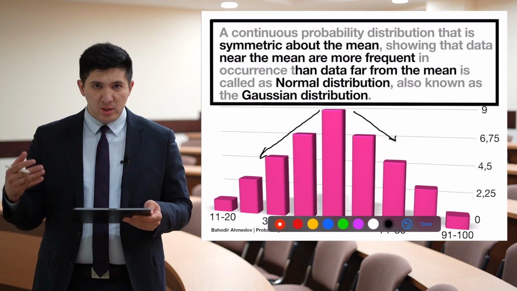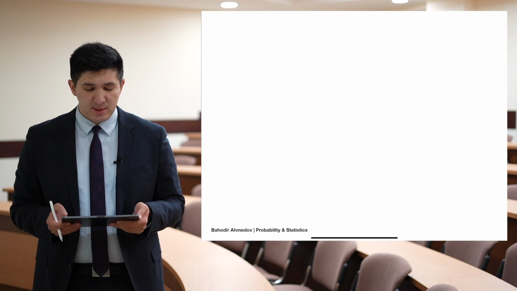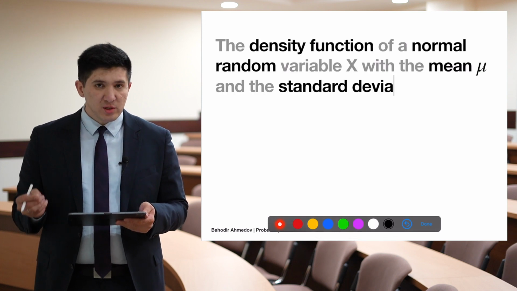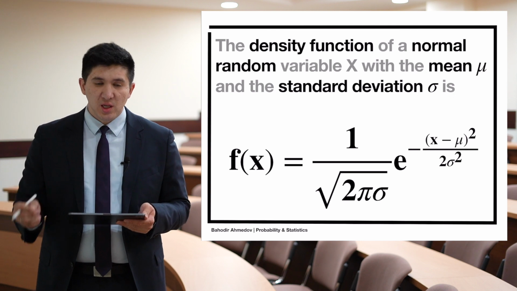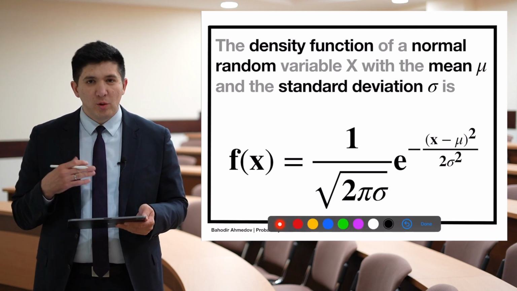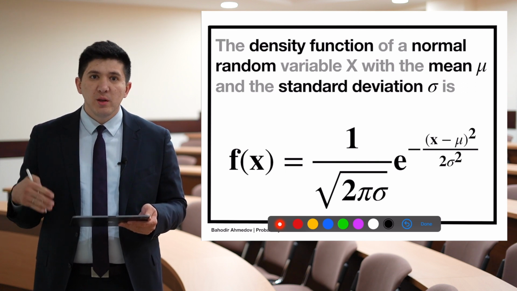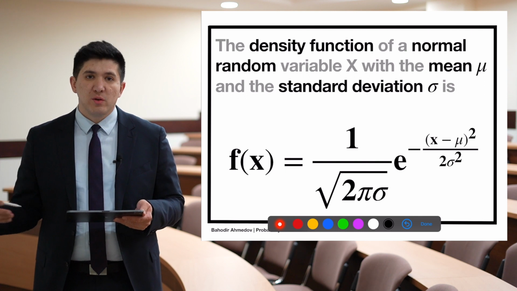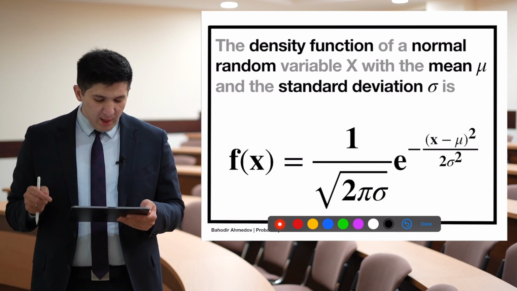So this is the definition of the normal distribution, and let us define its density function. The density function of a normal distribution with the mean mu and the standard deviation sigma is given by this complicated function. So the normal distribution is given with two parameters, the mean of the random variable and the standard deviation of the random variable.